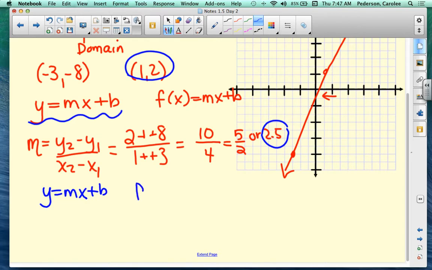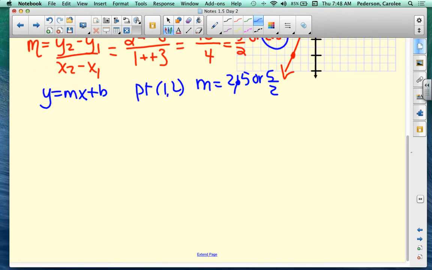We're going to let the point be 1, 2, and then the slope either 2.5 or 5 halves. You choose which one you want. So we're going to substitute it in. This is your x and your y. So we're going to substitute y in for 2, the slope of 5 halves, and then our x is 1. And now we're going to solve it for b.